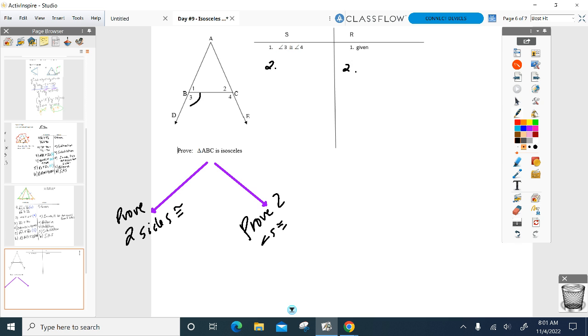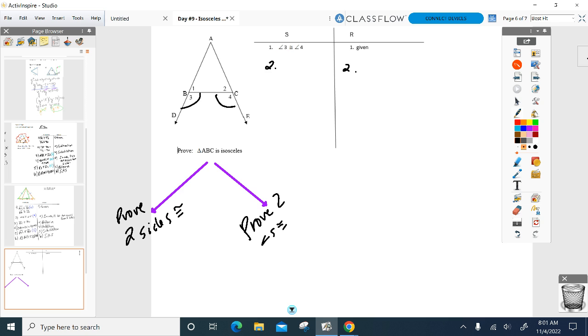Three and four are congruent. Not in the triangle, though, so I can't use them. Anybody, are we seeing what vocabulary term is going to be used here? With one and two and three and four here? What do you notice about one and three? Aren't they supplementary? Everyone agrees.